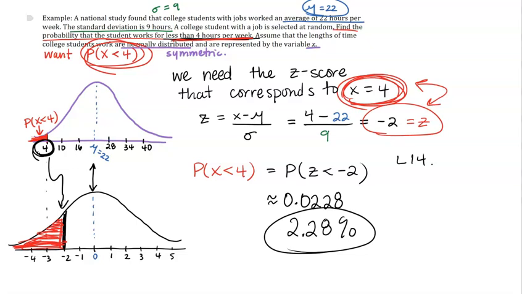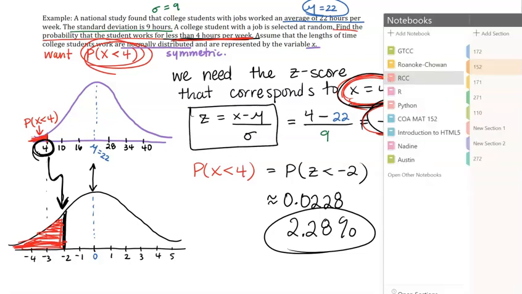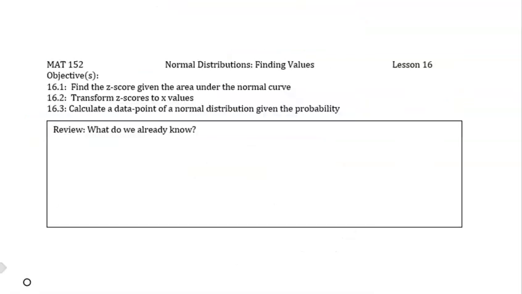This is an example from the lesson 15 presentation where we converted that x value to a z-score, and we found that x being 4 is equivalent to z being negative 2. So we know how to go from an x value to a z-score using this formula. What we will be talking about today in lesson 16 is how do we go from a z-score to an x value.